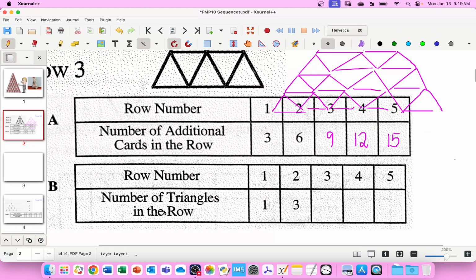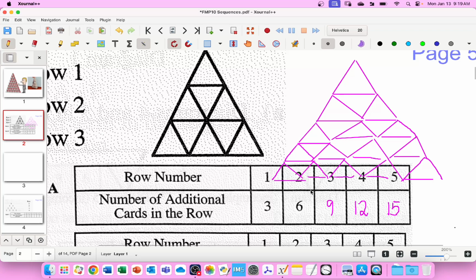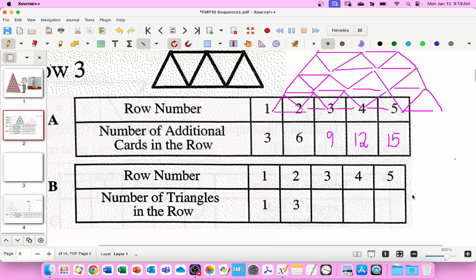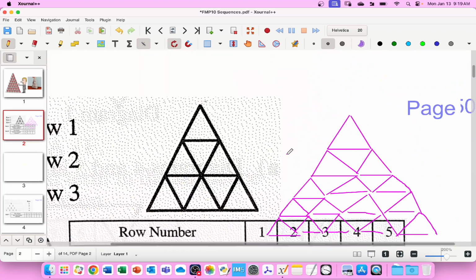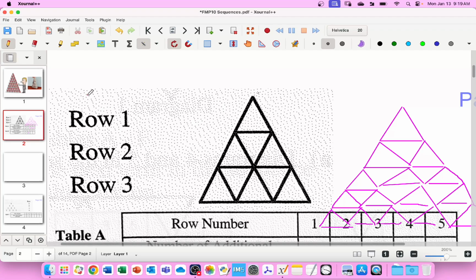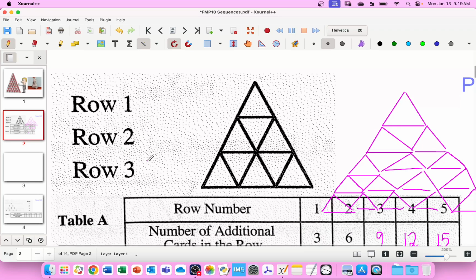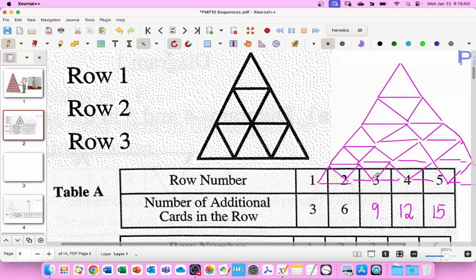So let's just take that for what it is for right now. Let's talk about the number of triangles in the row. Of course, in row 1 we have 1, then we have 3 triangles, 1, 2, 3, then we have 1, 2, 3, 4, 5 triangles in the 3rd row, always thinking that the top row is row 1, then the next row, row 2, next row, row 3.